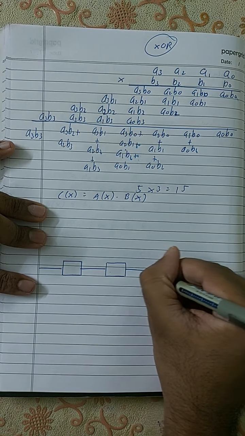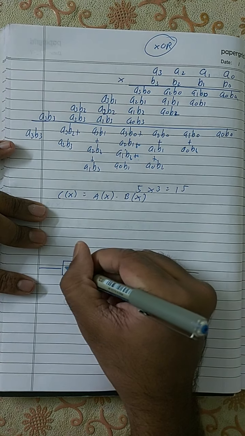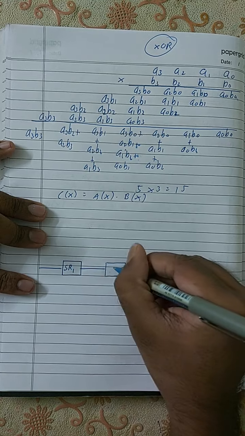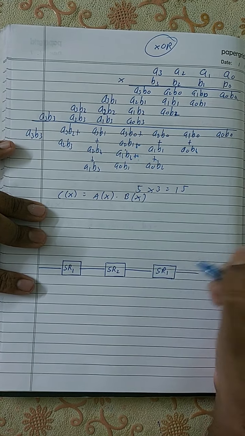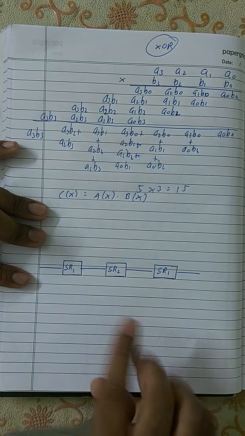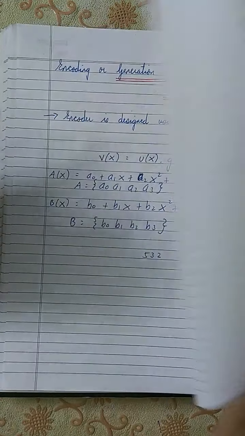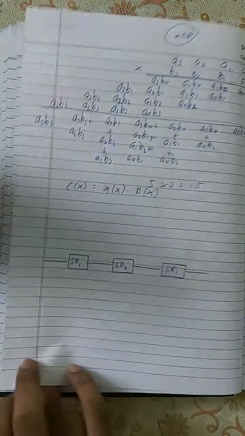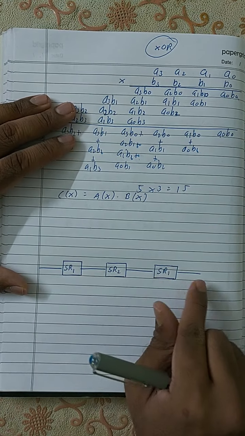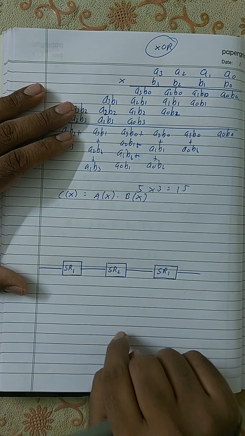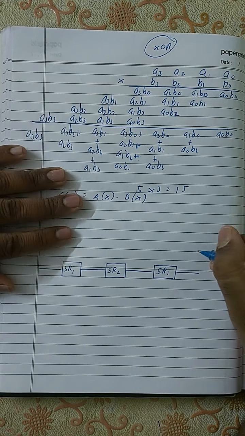This is SR1, this is SR2, this is SR3. Shift registers 1, 2, 3, three shift registers because the polynomial degree is 3. Next, at the output of every shift register, I'm going to put an XOR function.